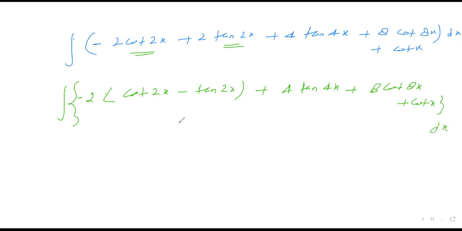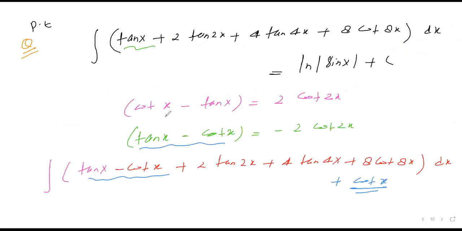Okay, so now again you have to apply that formula. Cot x minus tan x is basically 2 cot 2x. So if I replace x by 2x, then you will get cot 2x minus tan 2x equals 2 cot 4x, right?